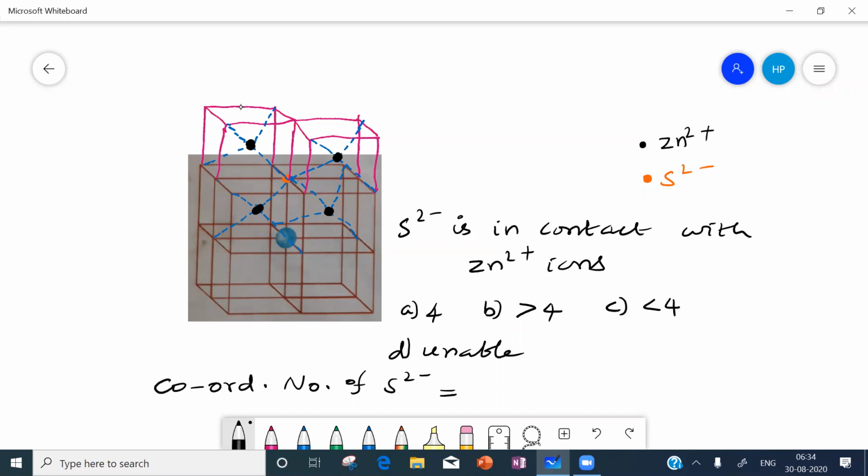You are saying 4. So sulfide is in contact with 4 zinc ions. Therefore, the coordination number of sulfide is 4.